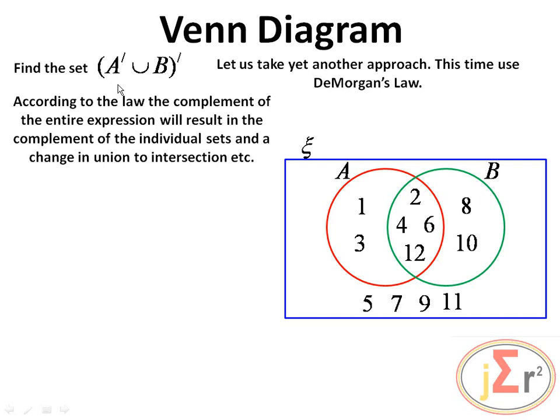First, we are going to complement the A complement. The complement of A complement is A. Next, we are also going to do the complement of union, which is the opposite of union, and then we are going to do the complement of B. So the complement of A complement is A. The reverse of this union is intersection, and the complement of B is B complement, and that is what we have right there.